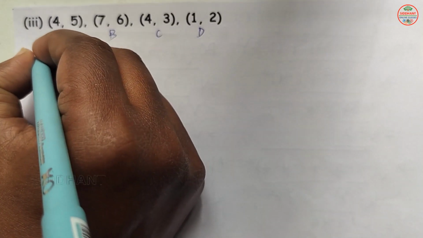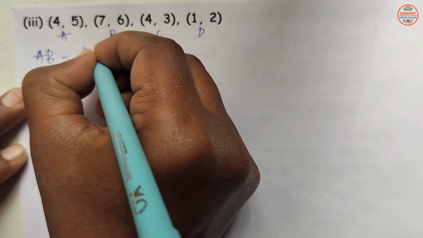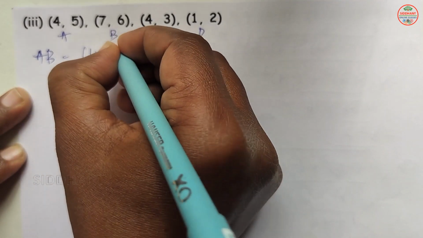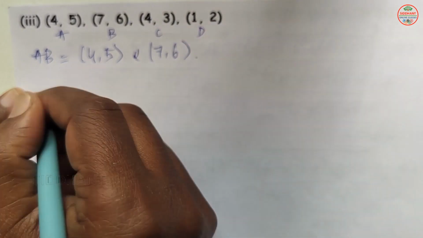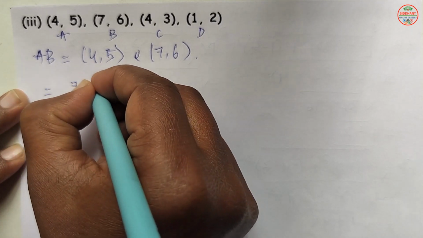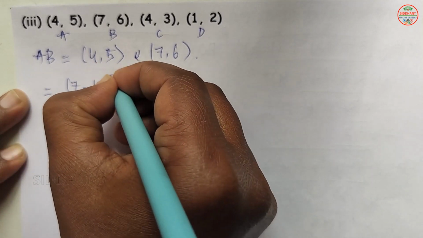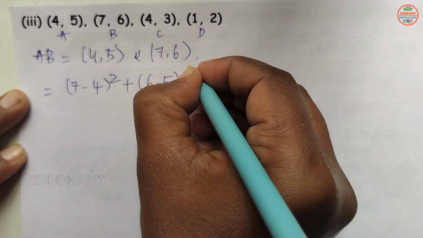Now AB, which is 4, 5 and 7, 6. That will be x2 minus x1, which is 7 minus 4 whole square, plus 6 minus 5 whole square.